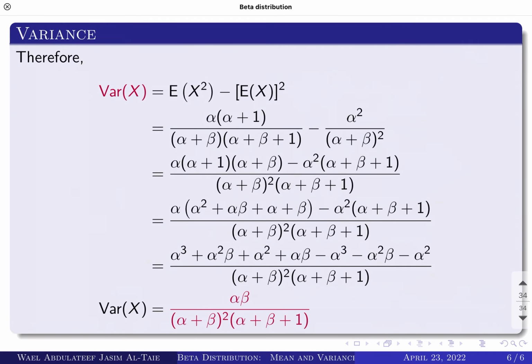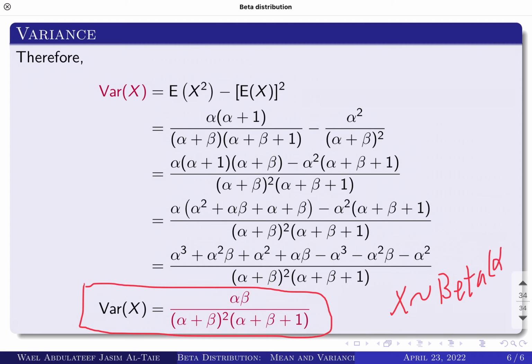So this is the variance of the random variable x, which follows a beta distribution with two parameters, alpha and beta.